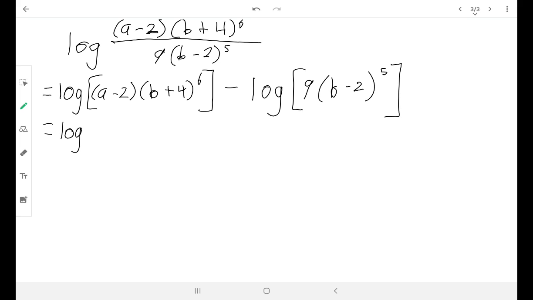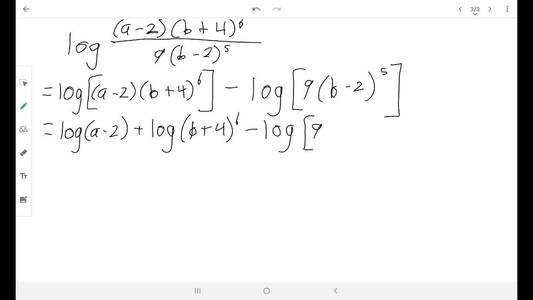So that'll be the common log of the quantity a minus 2 plus the common log of the quantity b plus 4 raised to the 6th power. So there's that part, minus, and I'm just going to copy this for now, 9 times b minus 2 all raised to the 5th power.